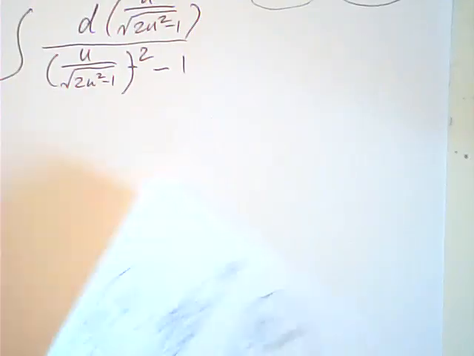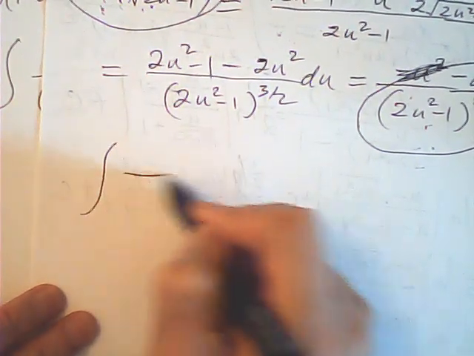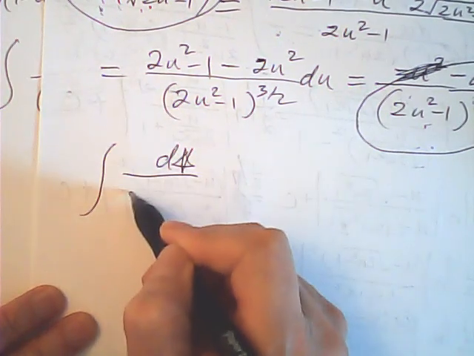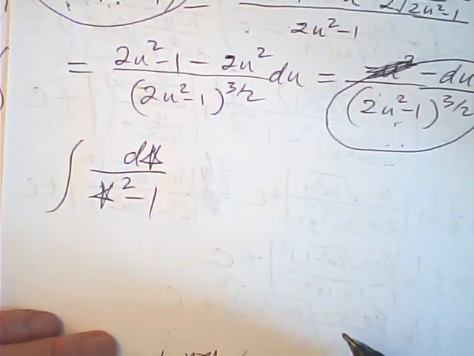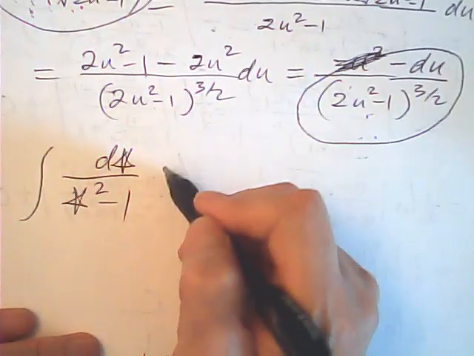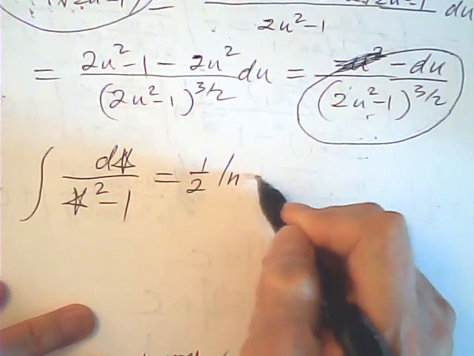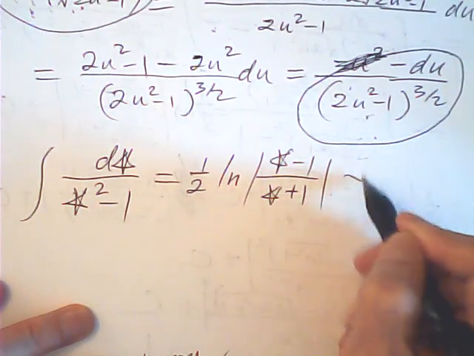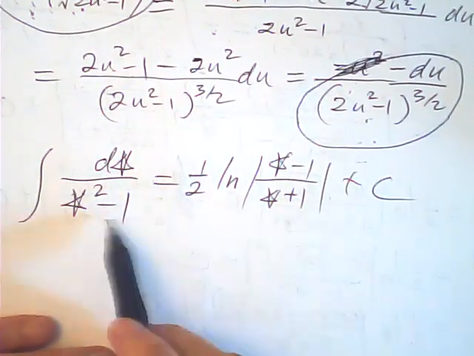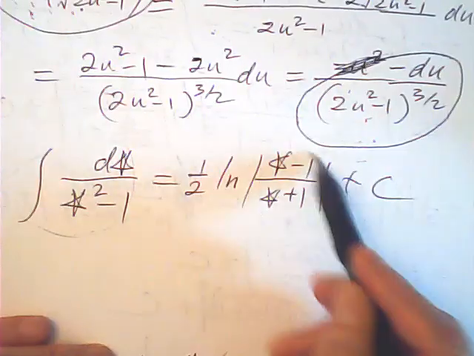Then, well, we have a formula: the integral of d something over something squared minus 1. If I'm not using hyperbolic tangent, that is 1/2 natural log of (something minus 1) over (something plus 1). But if you don't know this formula, you can do it by partial fractions.